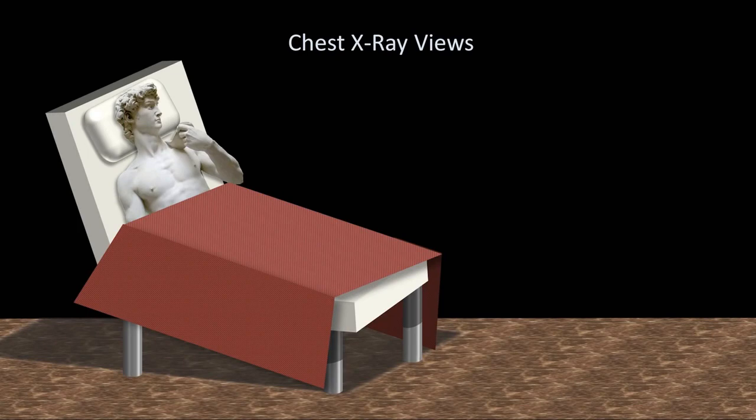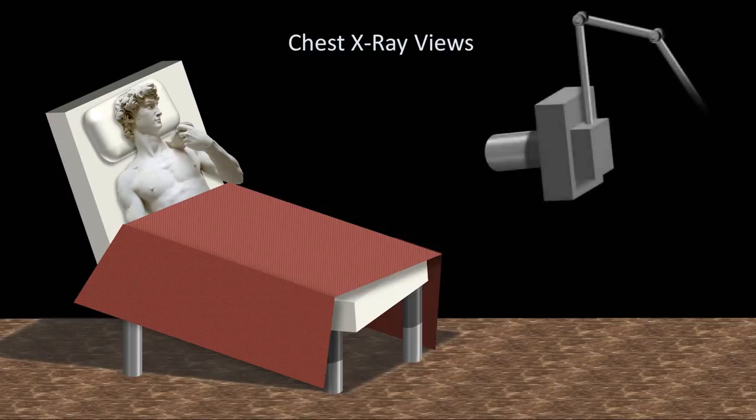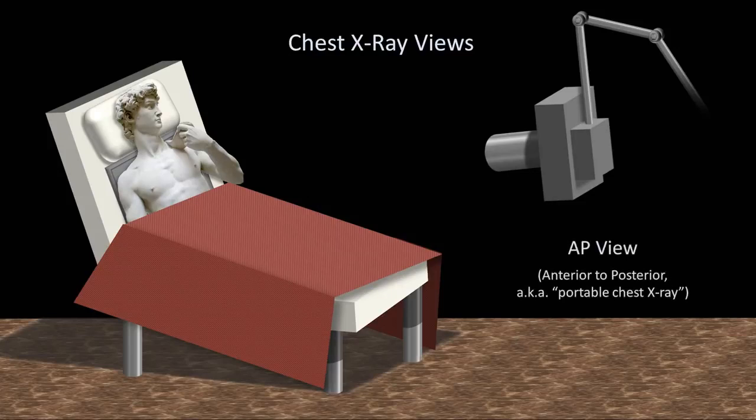In that circumstance, when the patient is in a hospital bed, a portable X-ray source will be wheeled into the patient's room. An X-ray film will be placed into a metal tray and slid behind the patient's back, and the X-rays will be passed through the patient front to back. This is formally known as the AP view, though more commonly known as a portable chest X-ray.